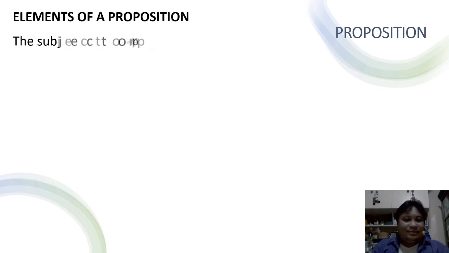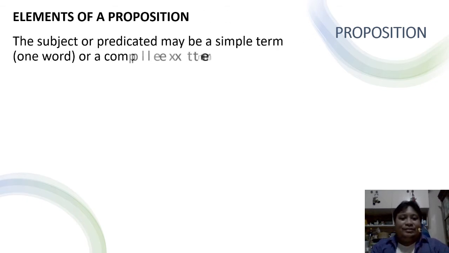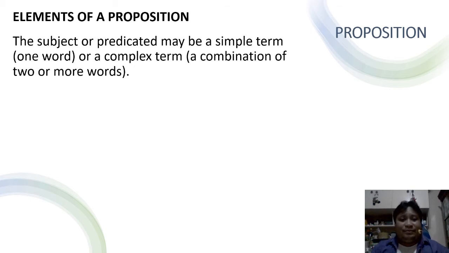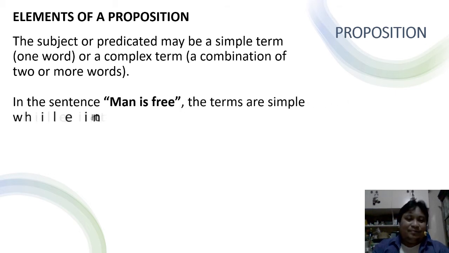So the elements of the proposition. The subject or predicate may be a simple term, like one word, or a complex term, a combination of two or more words. For example, man is free. The terms are simple, because the subject is man and the predicate is free.